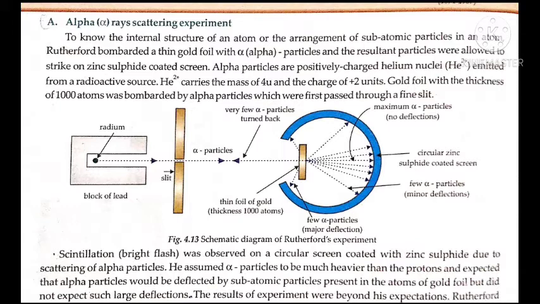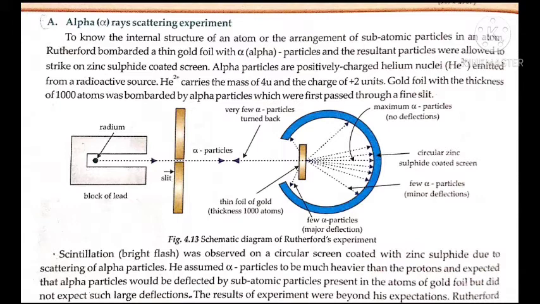Alpha particles are positively charged helium nuclei. He is the symbol for helium 2+, emitted from a radioactive source. Helium carries the mass of 4u and the charge of +2 units.